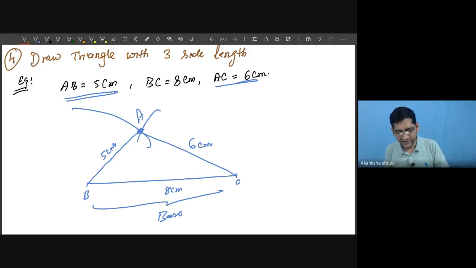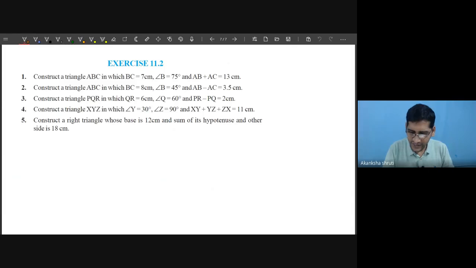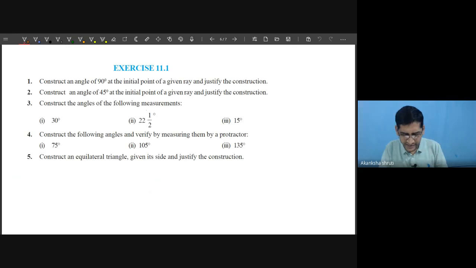So let me take five. A student, these are the questions taken from your book. You can do it. Construct an angle 90 degree at any given point on a ray. You can do it. 45 degree, we have explained. Construct 30 degree, 22.5 degree.